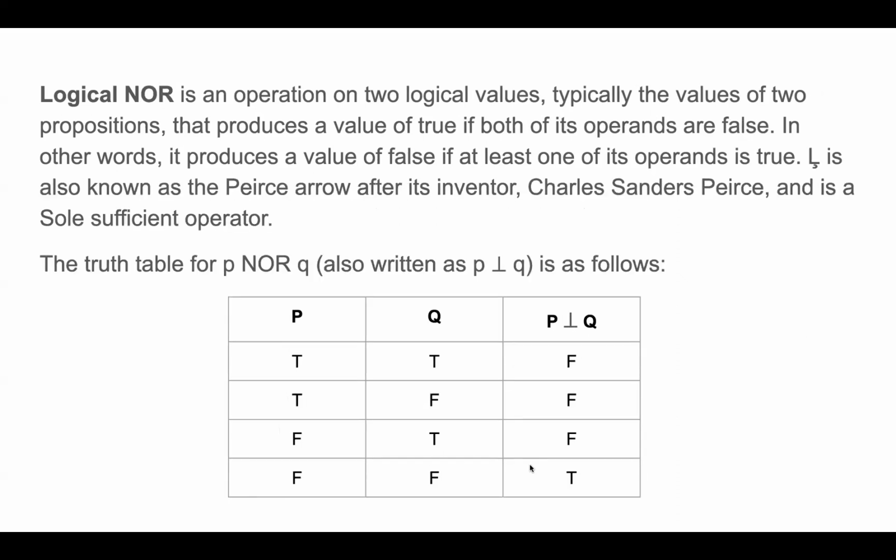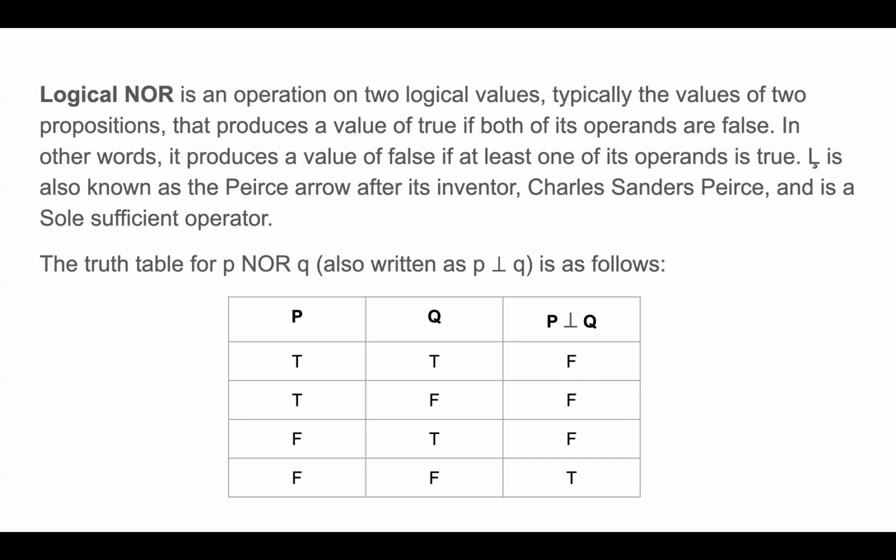Next is the logical NOR operation. Same as NAND, NOR is the opposite of the OR operation. In the OR operation, either of the two propositions is true or both are true. If P is true and Q is true, P or Q is true. But in this case, P is true, Q is true, P NOR Q is false.